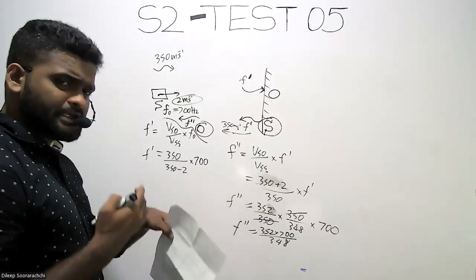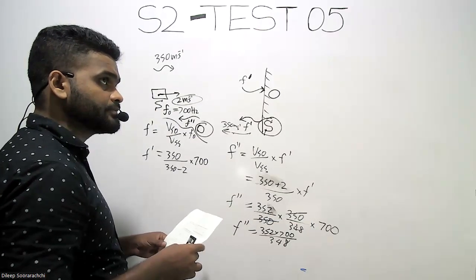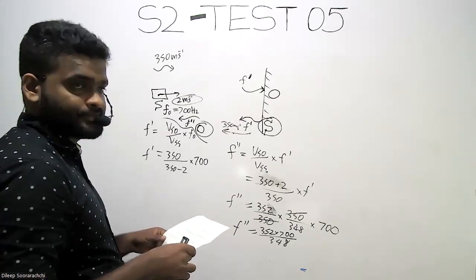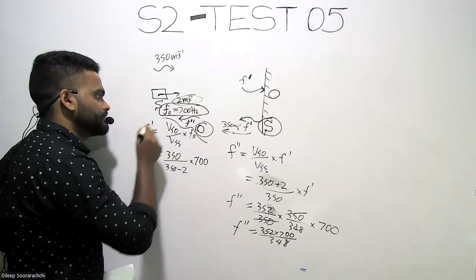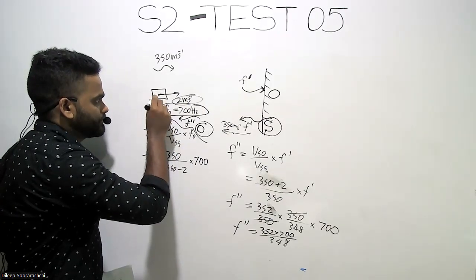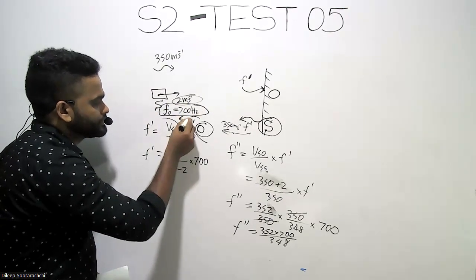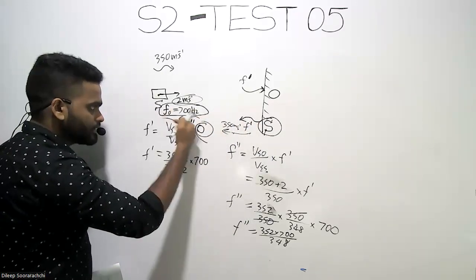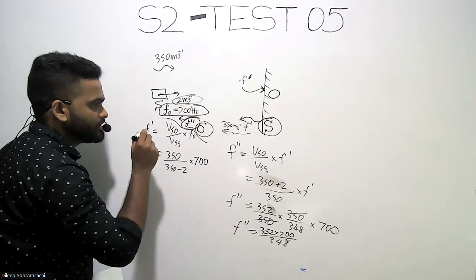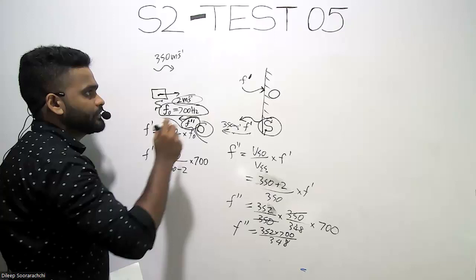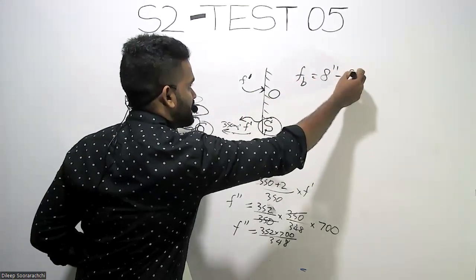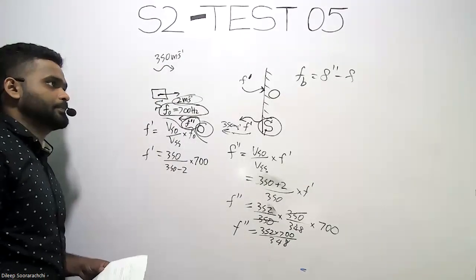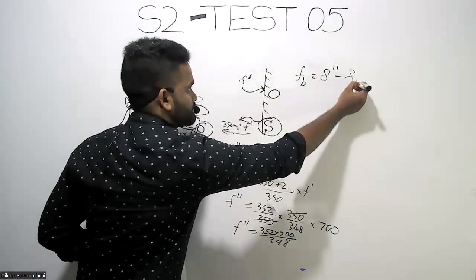So what's going to be the beat frequency heard by the driver? Driver hears this frequency. It is the frequency of the siren of the ambulance, and the reflected one is f double dash. So the beat frequency is going to be f double dash minus actual frequency, f naught.